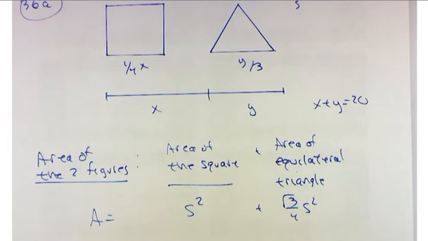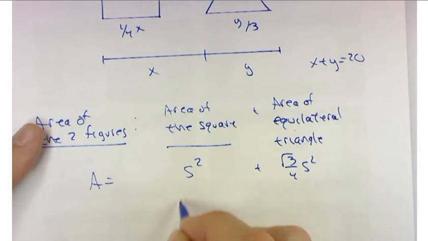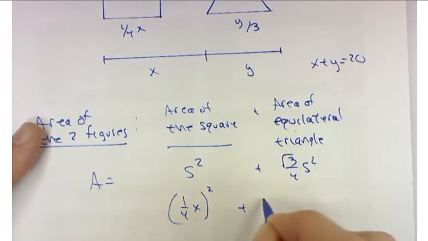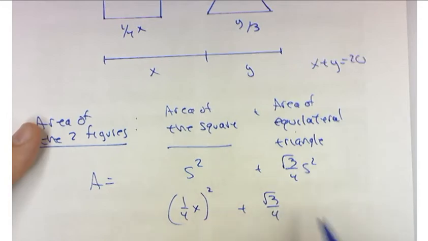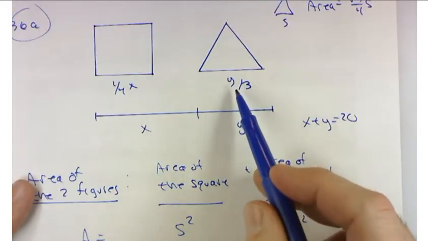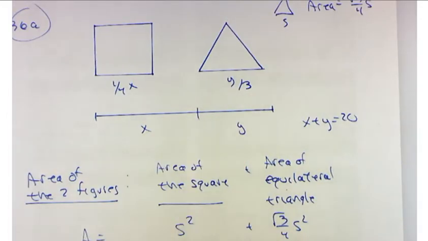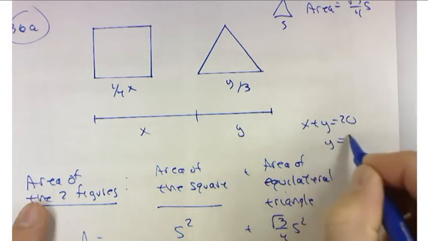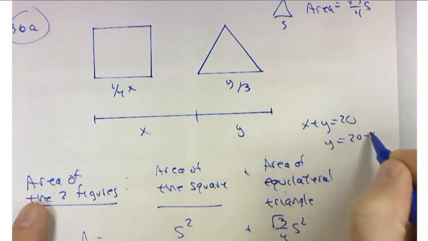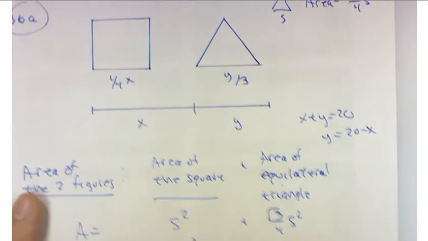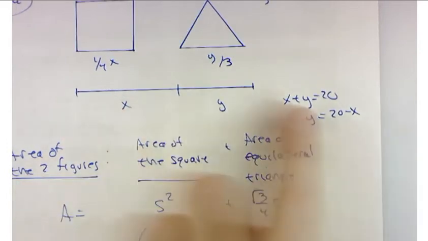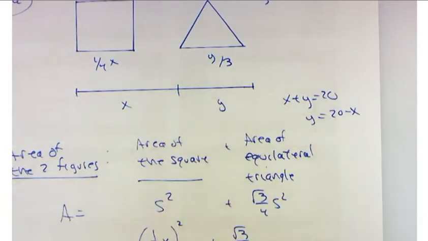So, all right, let's make a little bit of progress here. 1/4 x squared plus square root of 3 over 4. Well, it's not going to help me to have a y here, because then I'll still have something that depends on two variables. So let's take note of the fact that y equals 20 minus x. That just comes from the fact that we have 20 feet of wire.